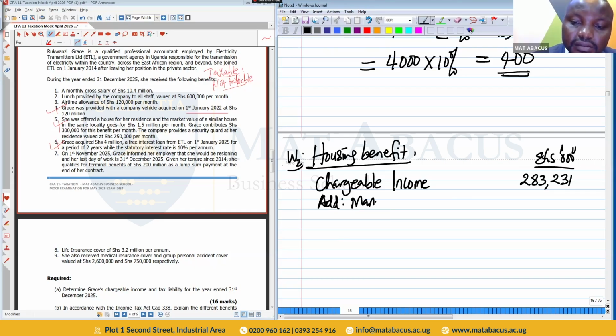So when I get this, then I will add the market rent. What is the market rent? So the examiner has told you that she was offered a house for her residence, and the market value of the house is 1.5 per month, and Grace contributes 300 for the benefit. So to get the market rent, we get 1.5 times 12 months to get how much is for the year, minus what they contribute, which is 300 times 12.